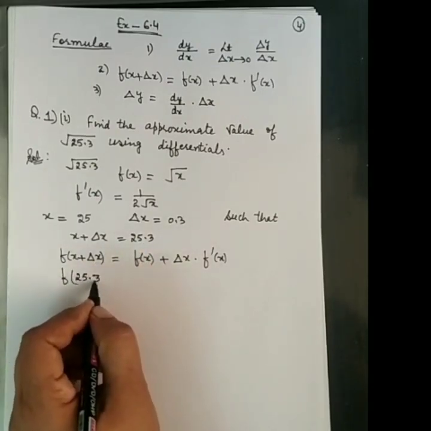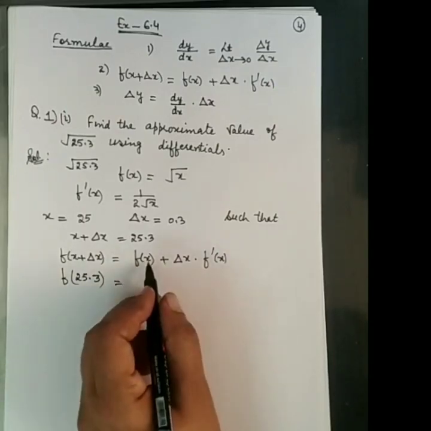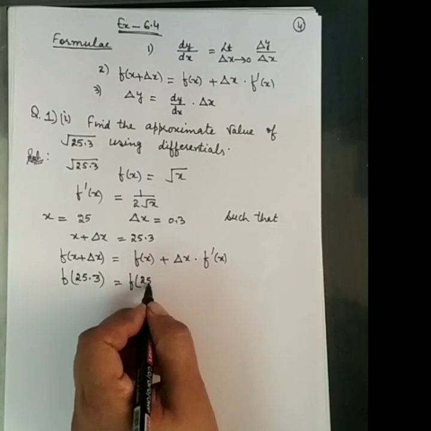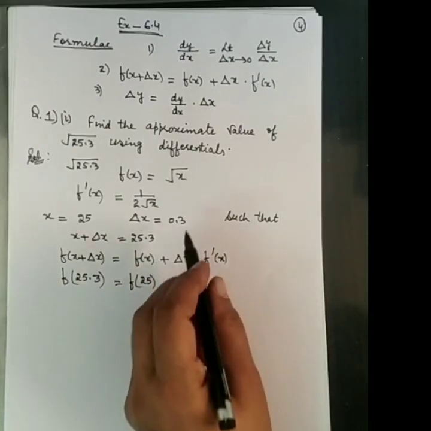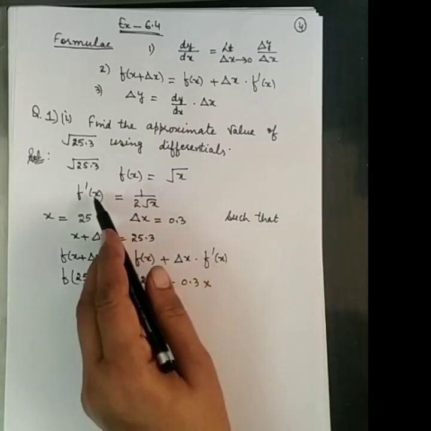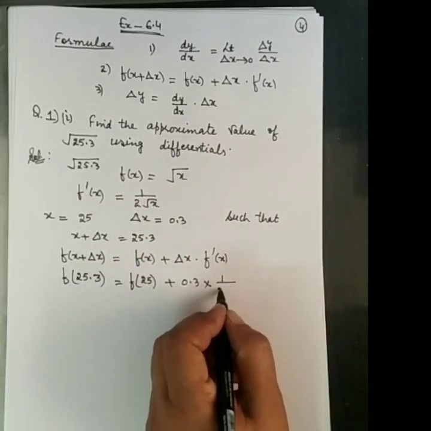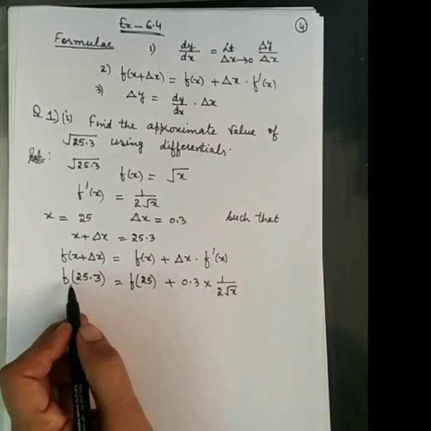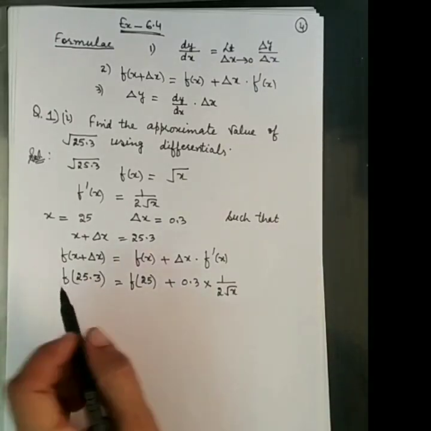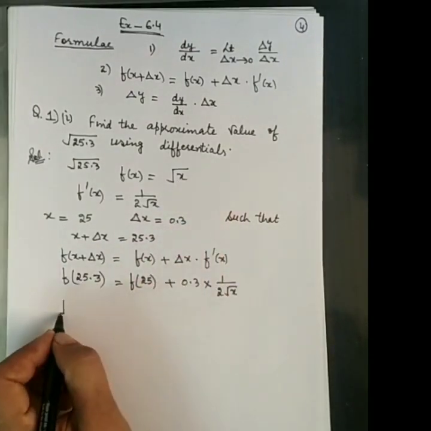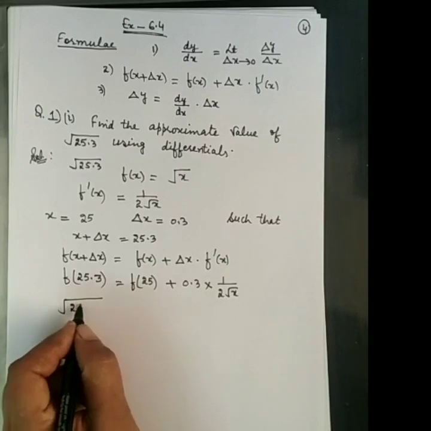So f of 25.3 is equal to f of x, x means 25, plus delta x, that is 0.3, multiply f dash x. It is 1 upon 2 under root x. What will be the value of f of 25.3? The function is square root of x. So f of 25.3 will be square root of 25.3.